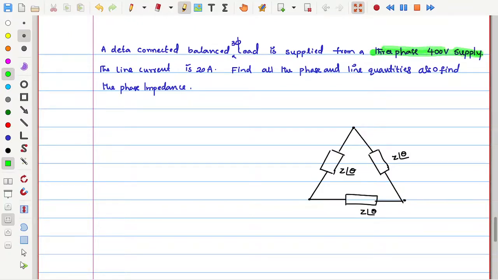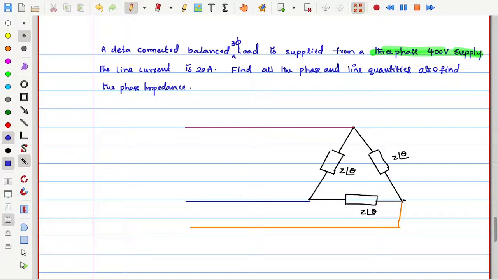Let me draw that: this is R, next is Y, and next is B. We call the corresponding currents the line currents IR, IB, IY. These are the line currents.